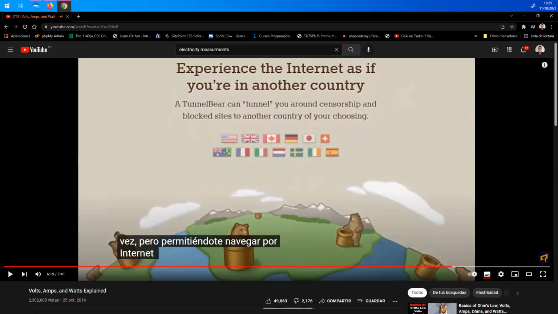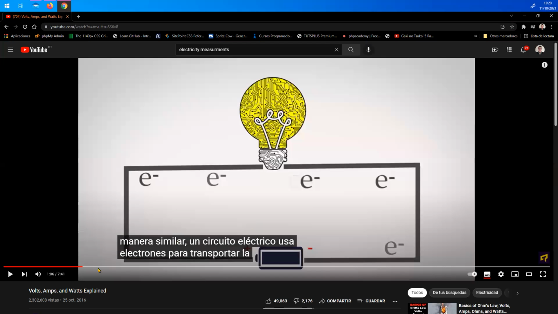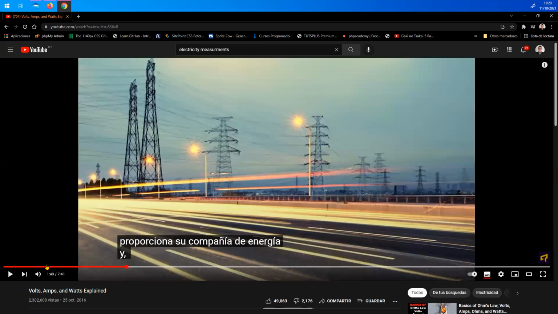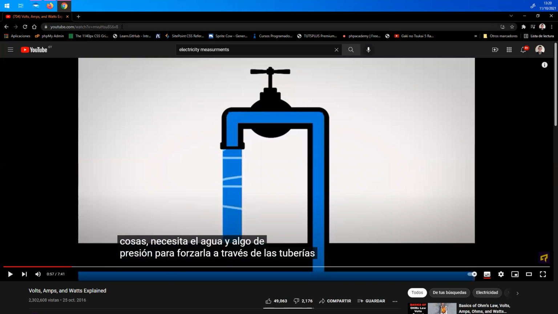So the main part for this are the three categories that we have for voltage, amperage, and ohmage, or resistance. So I'm looking for, well, I'm going to find the Ohm's law.